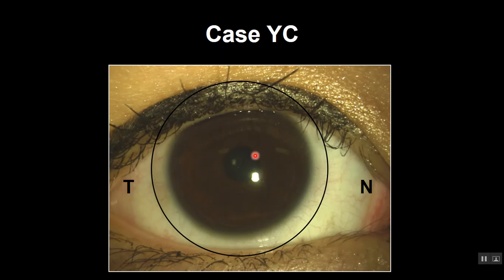Now this would be good. However, consider that your pupil center and your line of sight are going to be coming through slightly nasal, slightly superior. So if our contact lenses are perfectly centered, that may not be the optimal position to line up the optic axis and the visual axis.